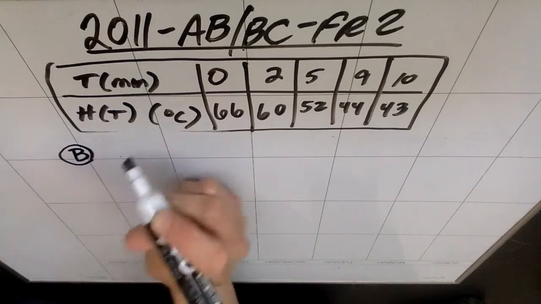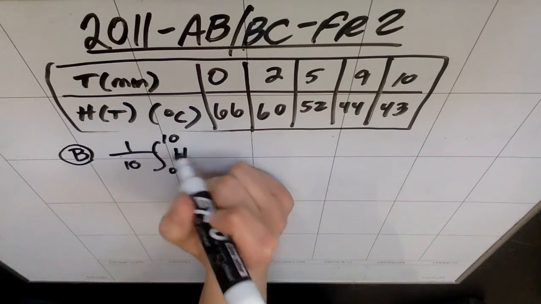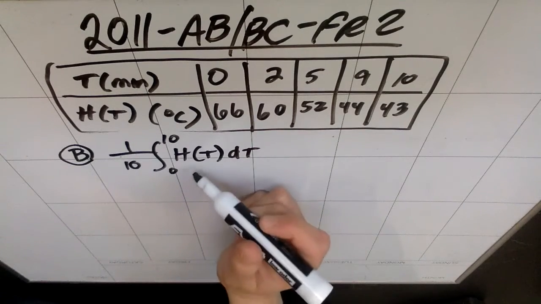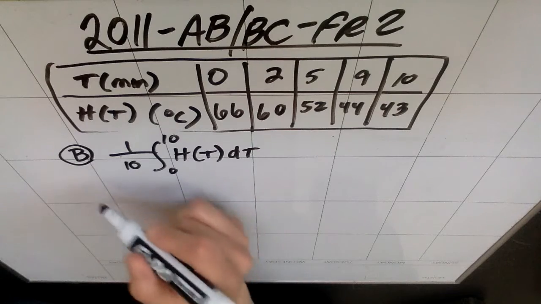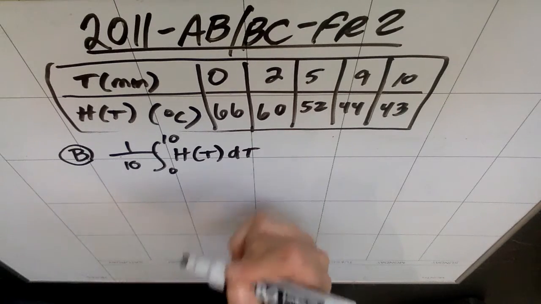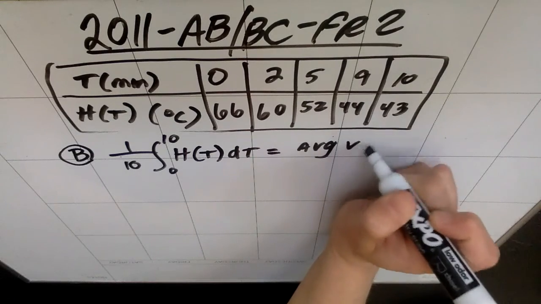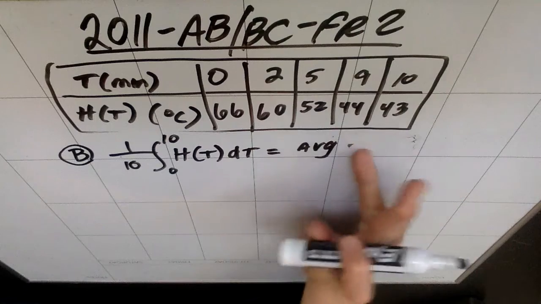So let's start with what this actually means. This is the average value formula, right? This is the formula for the average value of h of t on the window from 0 to 10, because it's 1 over 10 minus 0 times the integral from 0 to 10 of h of t. So this is the average value, or average temperature, right? So we can even just say average temperature of the tea.